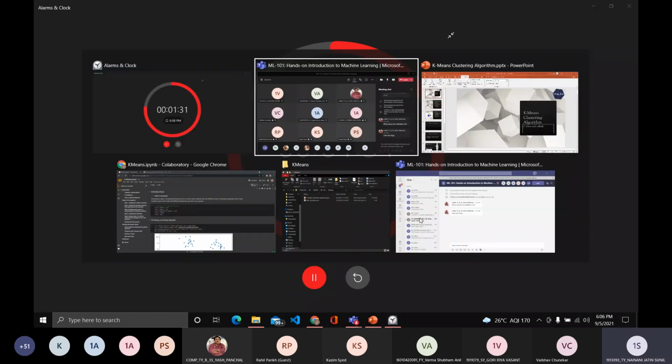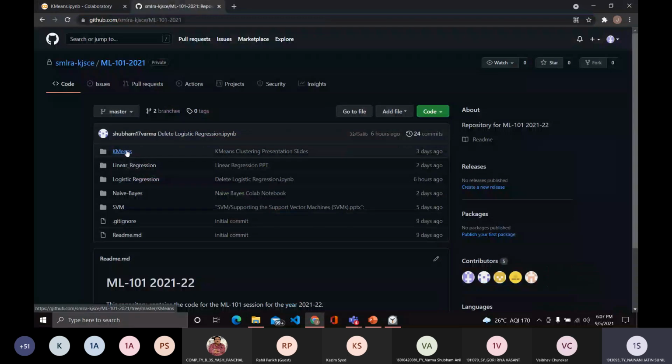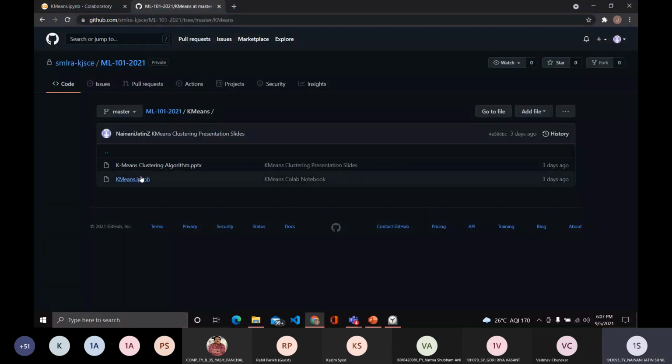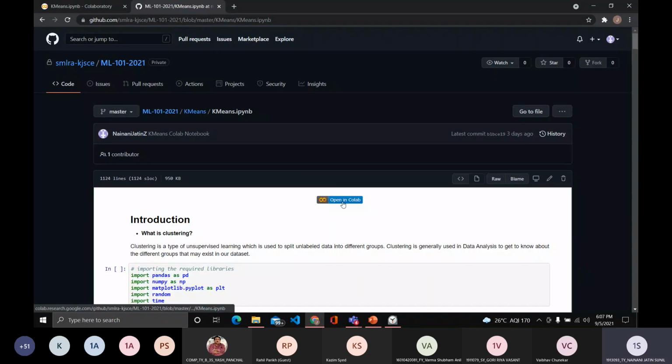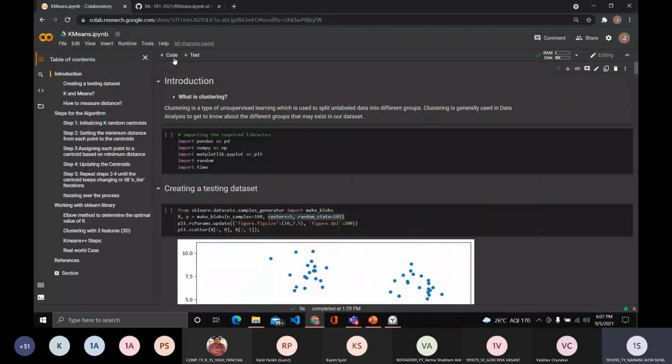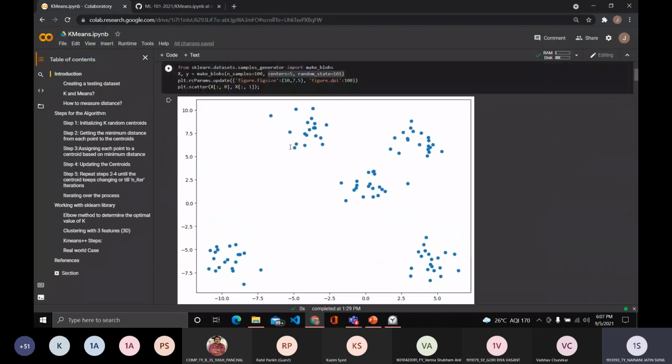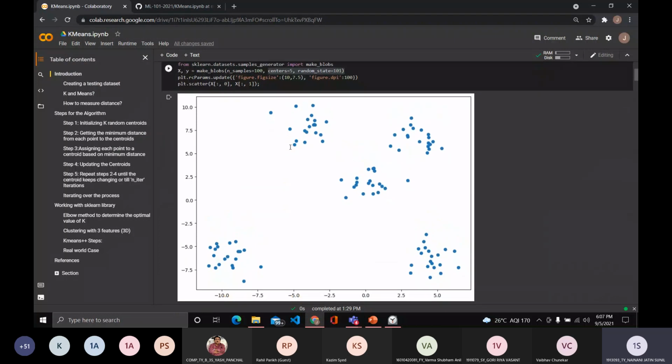By that time, people can go on to the GitHub and go to k-means, press this k-means notebook, and select open in Colab. Because k-means is an incredibly visual and intuitive algorithm, this Colab notebook has a lot of matplotlib functions that will help you visualize each of the steps very clearly.